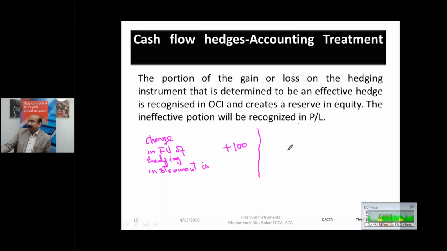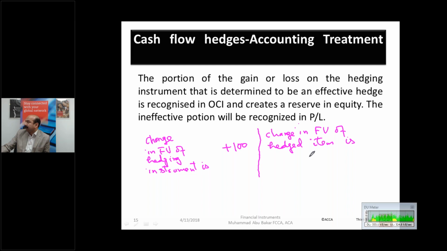And the change in fair value of the hedged item is, see, negative.